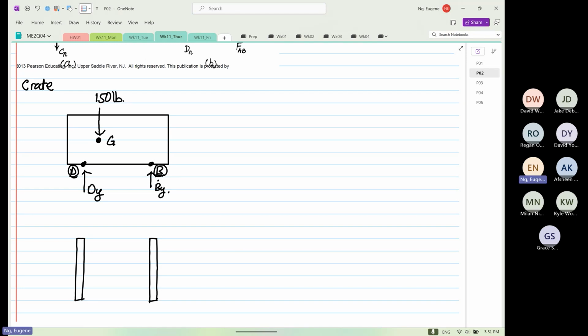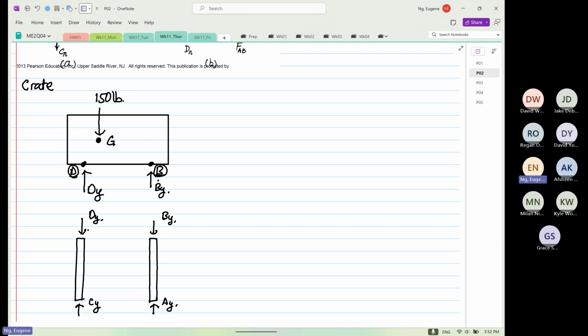It should be under compression. Okay, it's compression then, both sides. So this is my Cy, this is my Ay, and this is still my By, and this is my Dy.